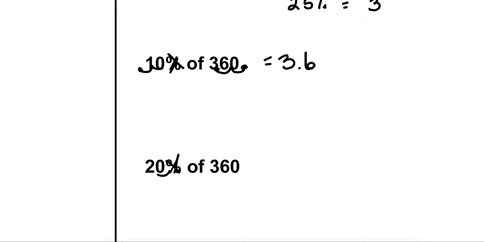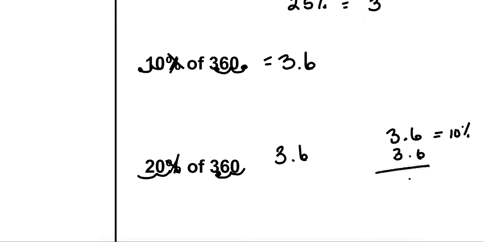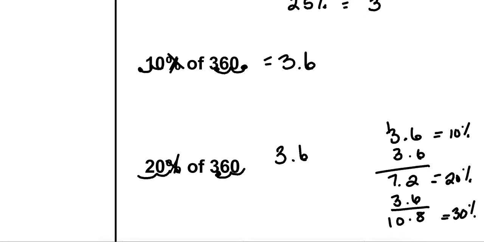So that's 10%. Well, 3.6 plus 3.6 would give me 7.2. That's 20%. If I wanted 30%, it'd be another 3.6, which would give me 10.8. That would give me 30%.